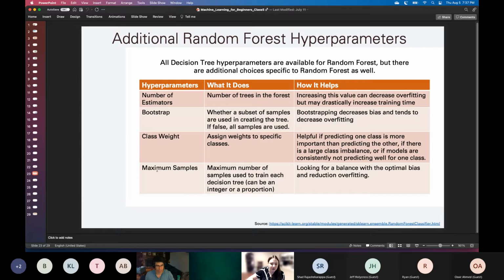And then finally, maximum samples. This is the maximum number of samples used to train each decision tree. Then I'm actually coming back and wondering if the maximum samples is the same as the bootstrap.